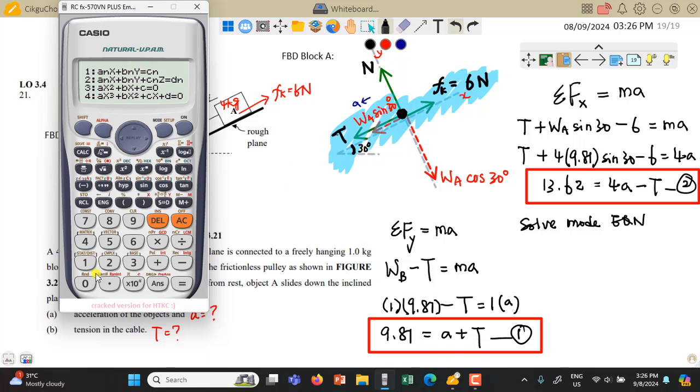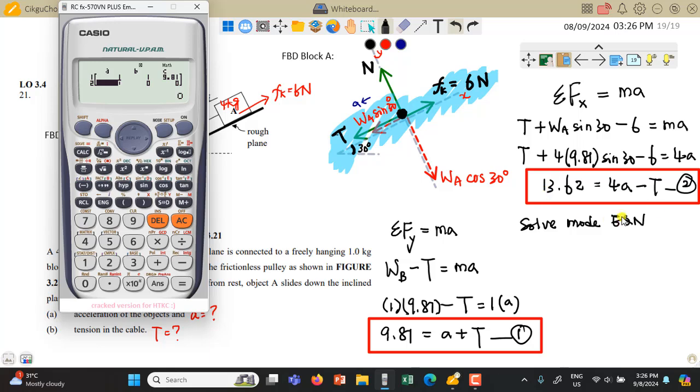So for equation 1, the number in front of the first unknown is 1, then the second unknown is 1, and the value of c is 9.81.